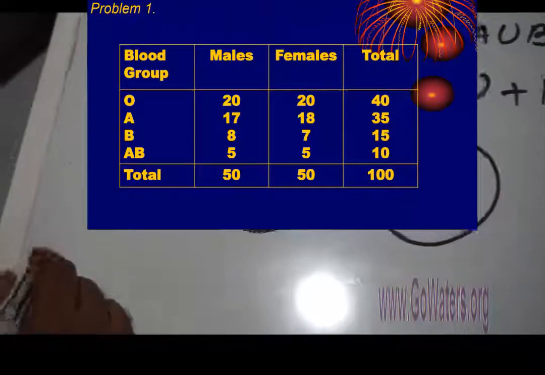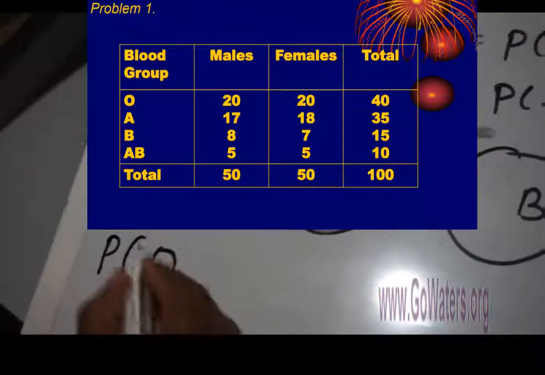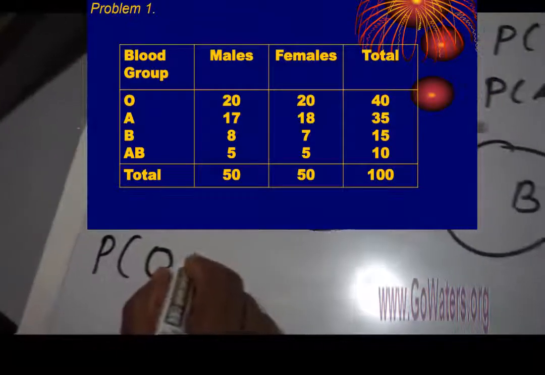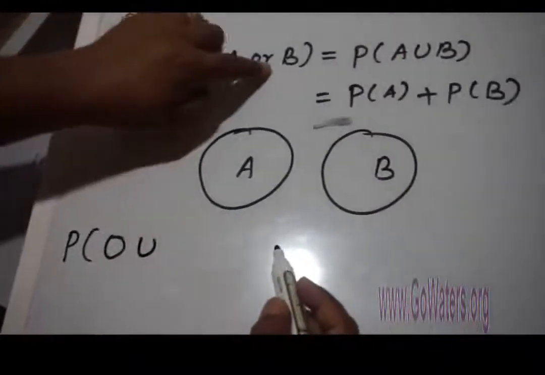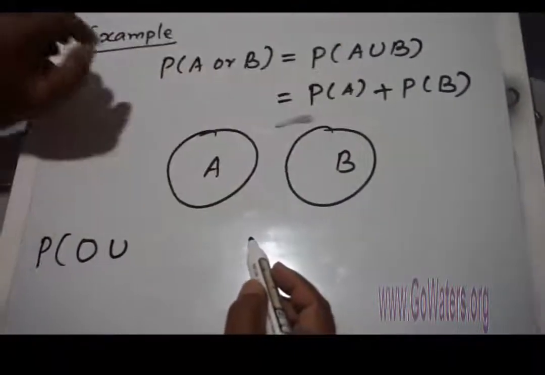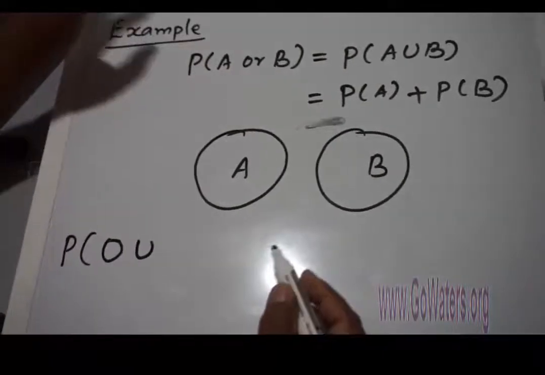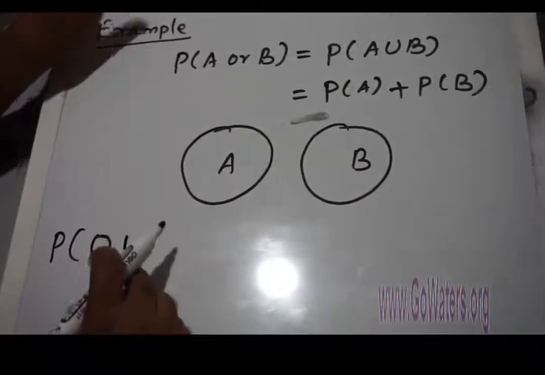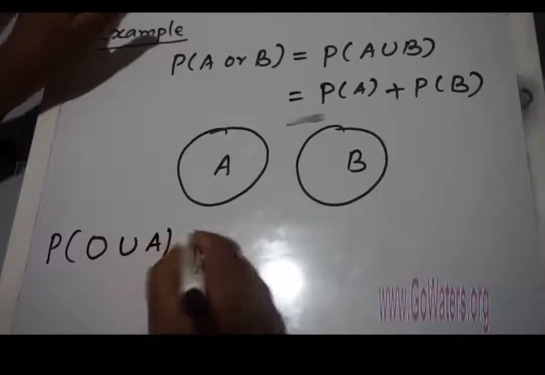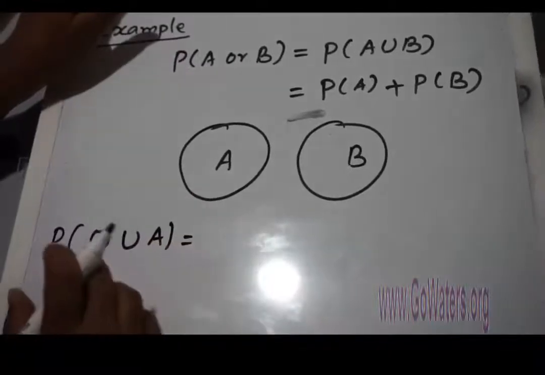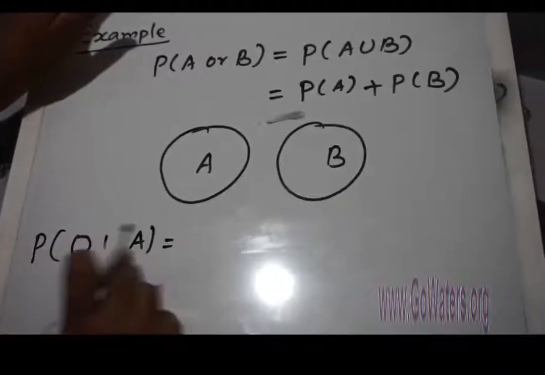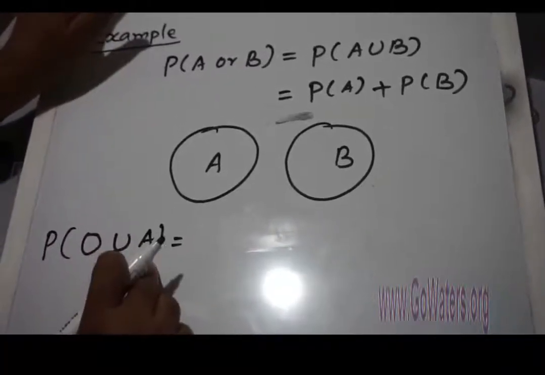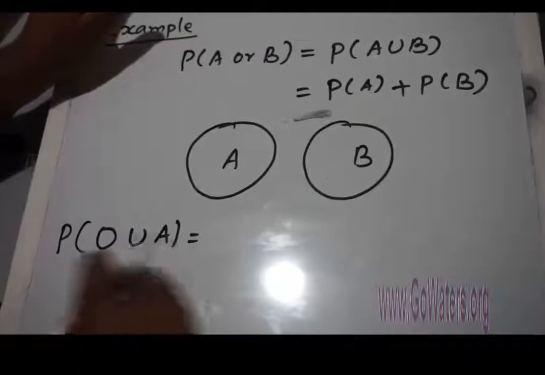Let O be a student with blood group O, or, meaning union. Because we have to look at the OR there, right? OR stands for the union. So the probability of O union A, blood group A, is equal to, since a person with blood group O and blood group A are mutually exclusive, because a person cannot have both blood groups.